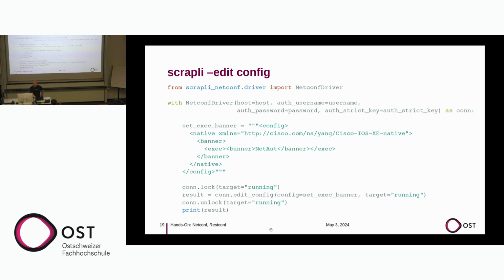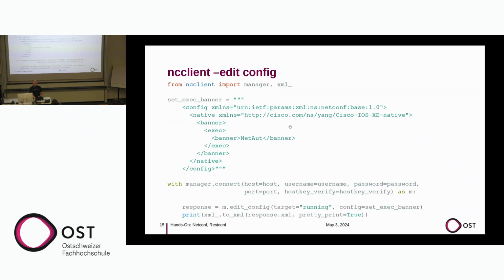What we always have to check if we use different libraries, what kind of data do we need? So here, for example, I have to specify the config level. If we go back, edit config, we also specified it here, but I have seen sometimes differences between which library.